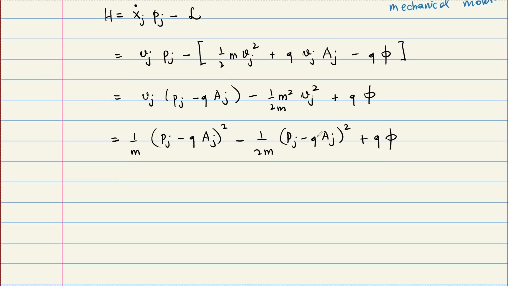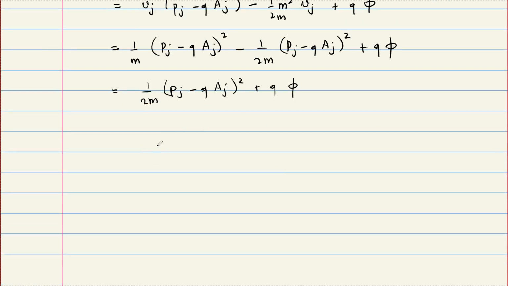And you can see this term and this term are the same. At the end I have 1 over 2m Pj minus Q Aj squared plus Q phi. And this is my Hamiltonian. Let me write it in the final form. H in an electromagnetic field is going to be P minus Q A squared divided by 2m plus Q times phi.